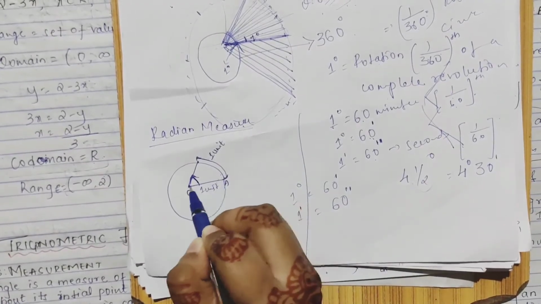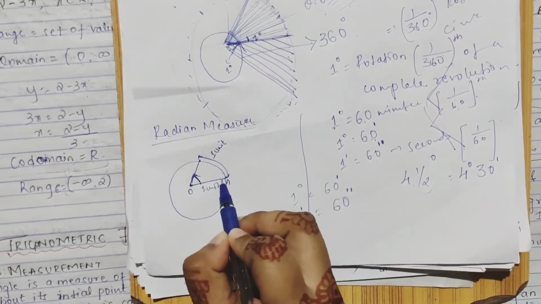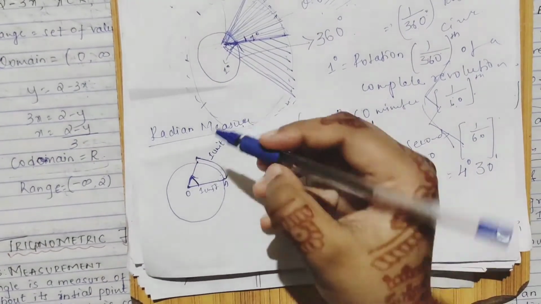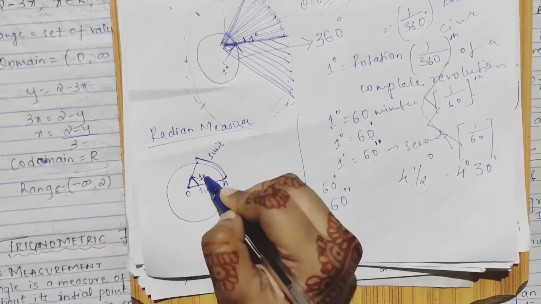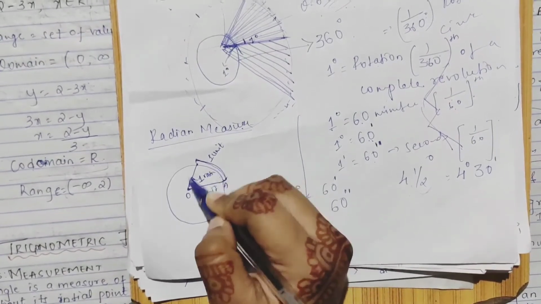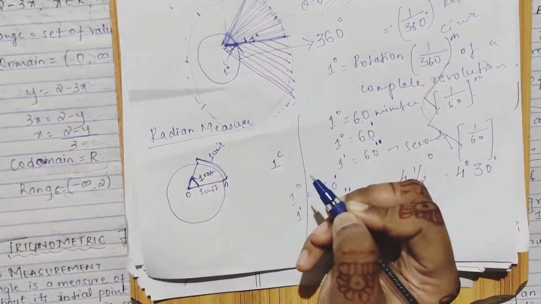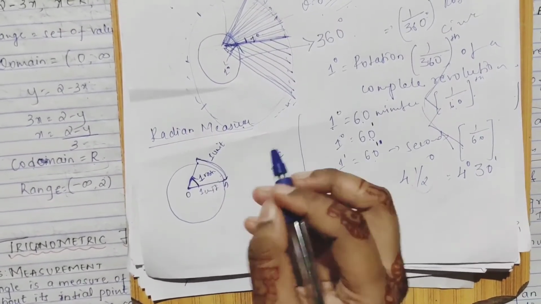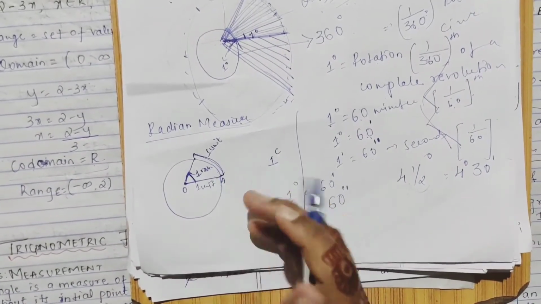Unit radius means 1. This angle subtended by a 1 unit arc is called 1 radian. You can term it as 1 raised to c, we call it a radian. The angle subtended with that 1 unit of arc is called 1 radian.